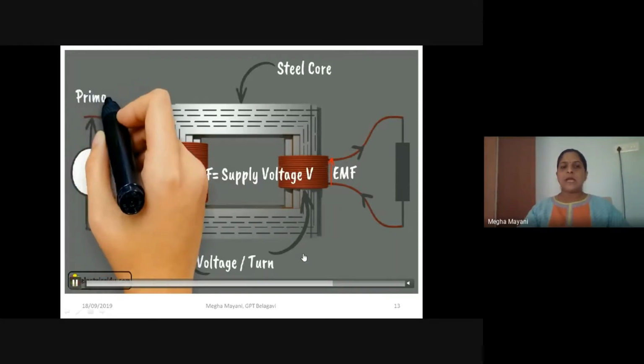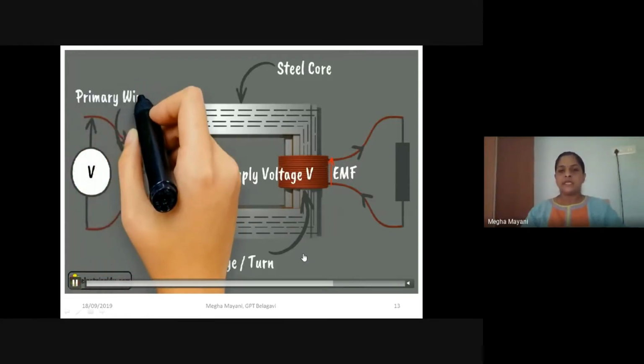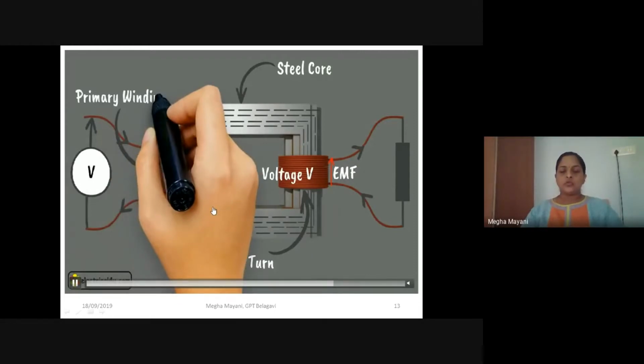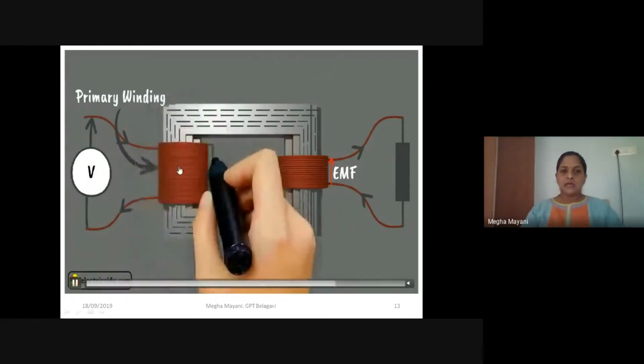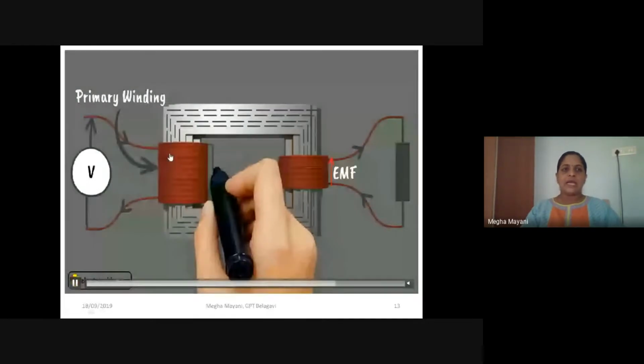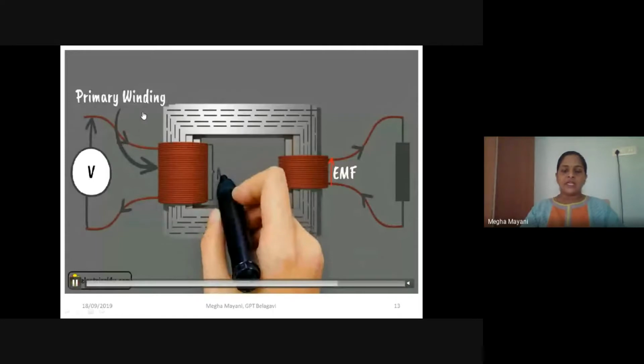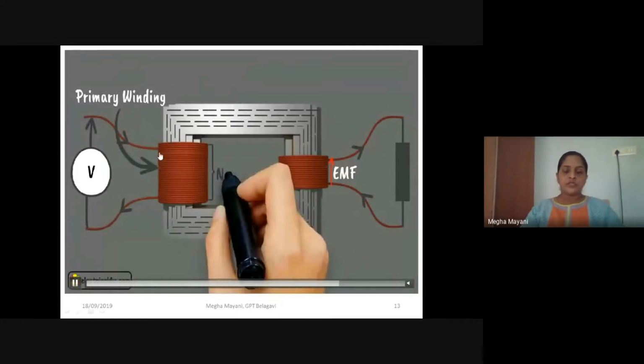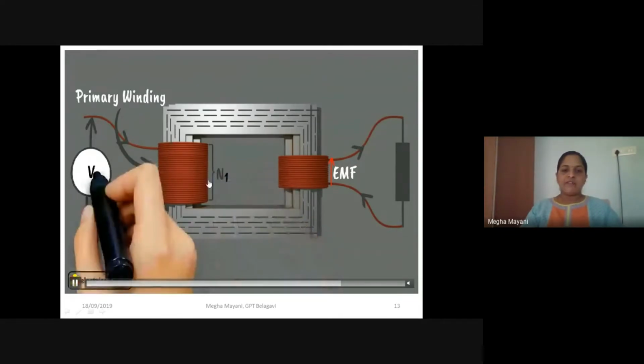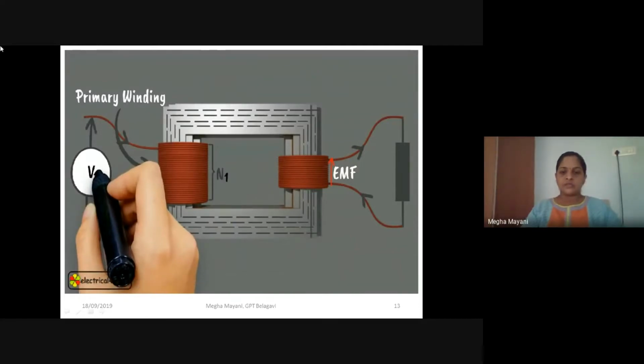Since the supply voltage or the source is connected to one end of the coil, we can call this coil the primary winding. Say you have an EMF induced due to self induction from the supply voltage, say E1, and this primary winding has N1 number of turns.